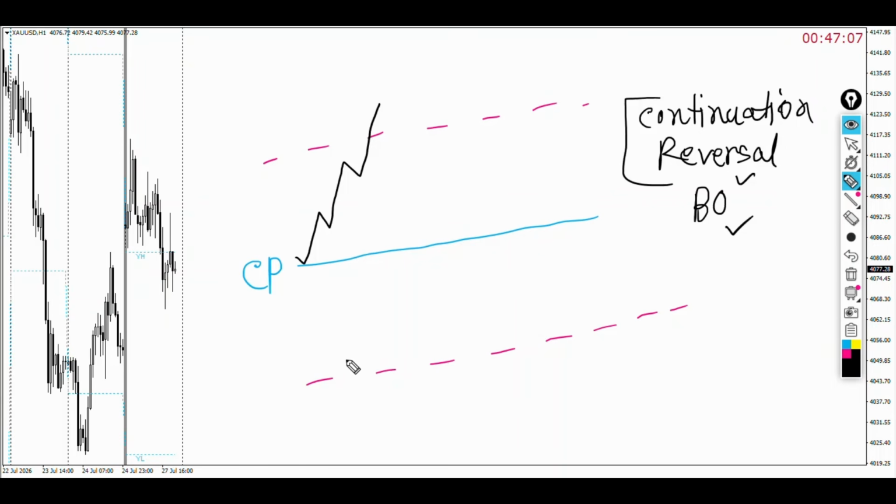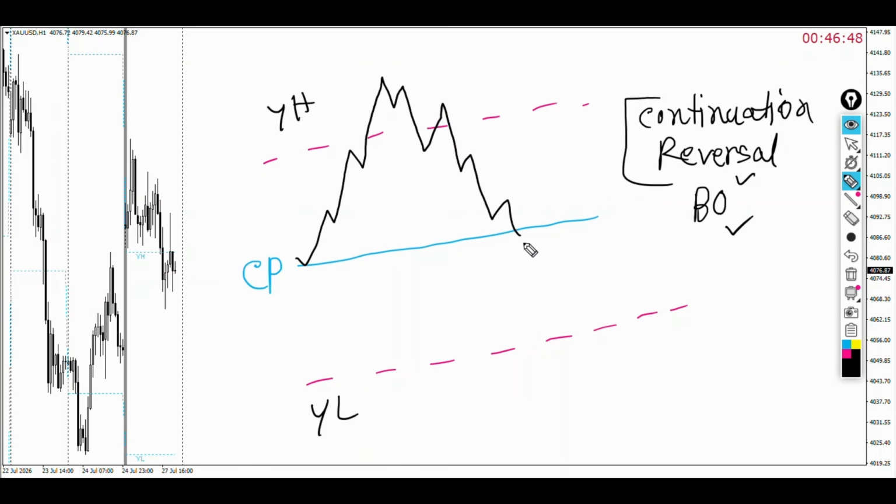I said that we have another kind of trade setup, which is the reversal. This is our yesterday high, this is our yesterday low. Let's say price hits the yesterday high and it fails, the breakout becomes failed. Now it drops to the CP area and maybe continues to drop to the yesterday low area. This is our reversal trade setup.